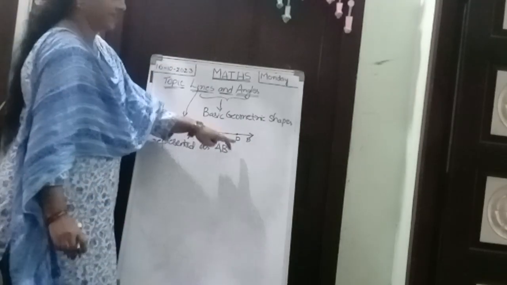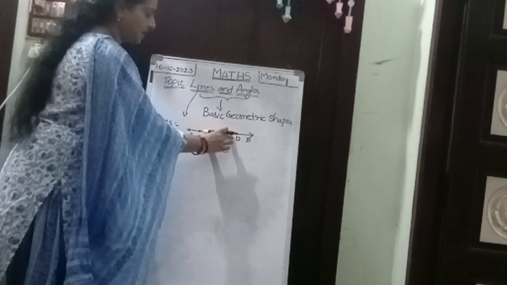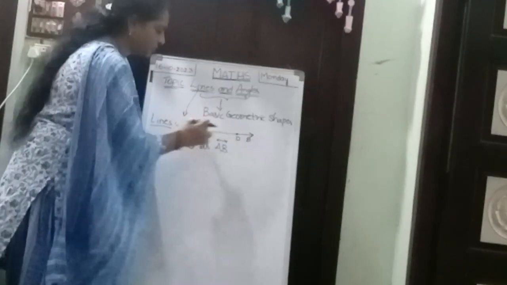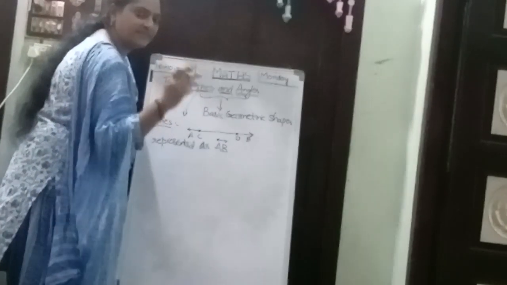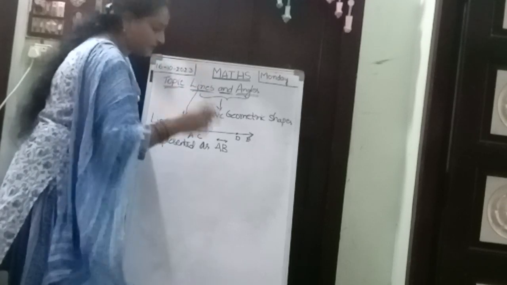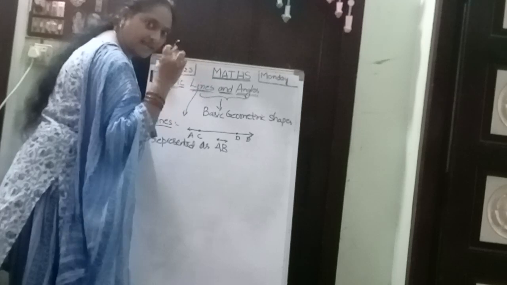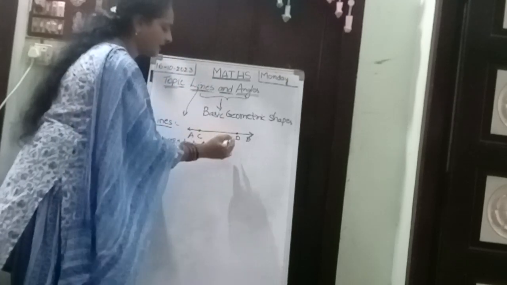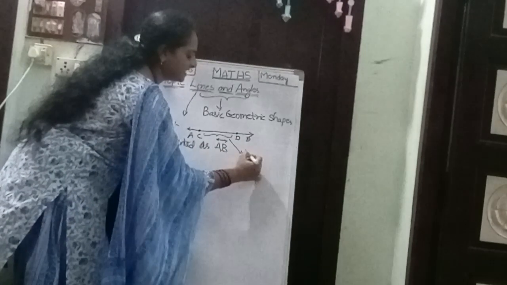I took C and D. What you observe is that this part of the line has two endpoints. That means it won't extend indefinitely on both sides. It stops at a particular place on both sides. So this part of the line is called a line segment.